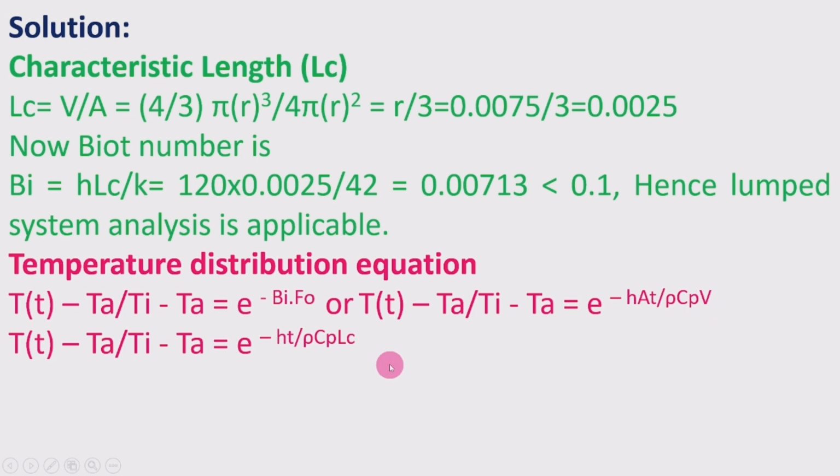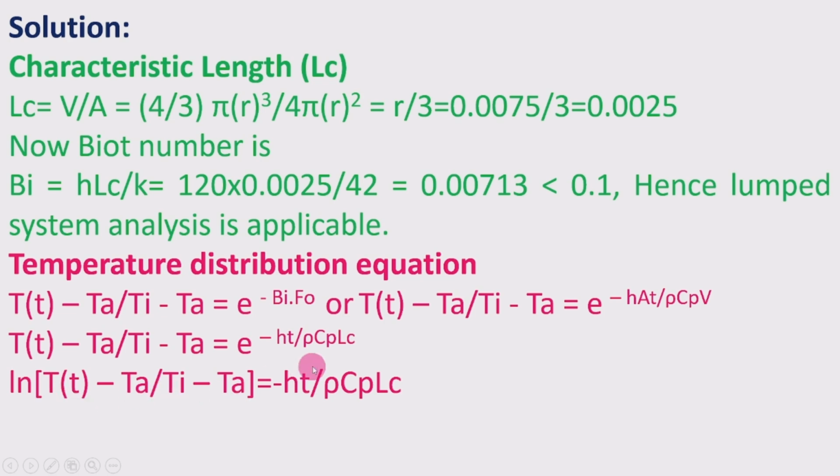By substituting all the terms except t, the exponential term can be sent to that side. That becomes a ln term: ln of (T of t minus Ta) by (Ti minus Ta) equals minus ht by rho Cp Lc.